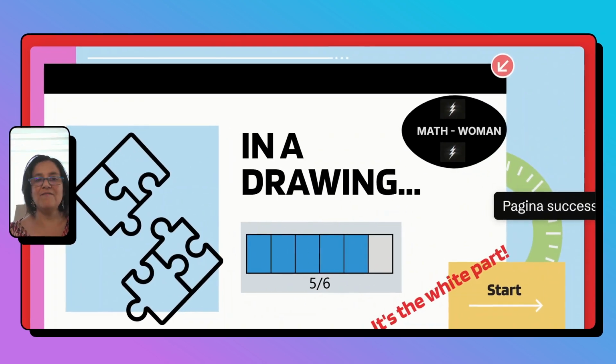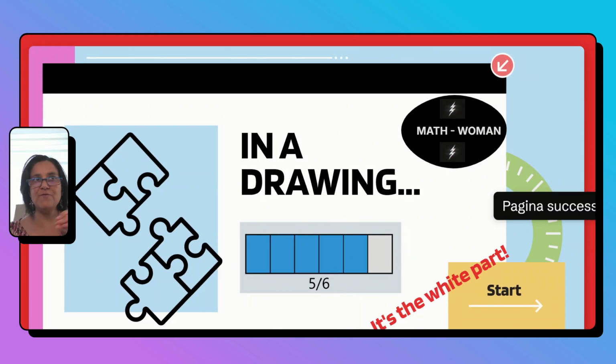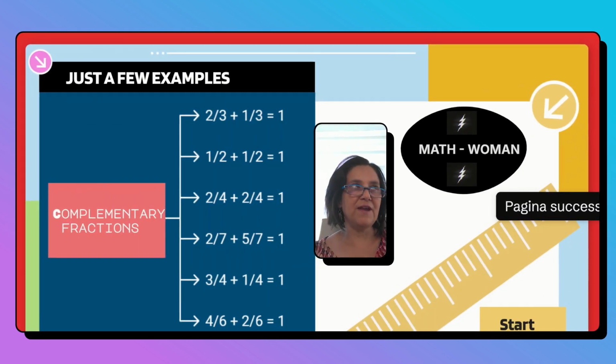In a drawing, if I have the fraction 5 over 6, the whole divided in 6 parts and 5 shaded, I'm looking for the missing part. In my drawing, the white part, 1 over 6. If my starting fraction is 2 over 3, I'm looking for 1 over 3 to reach 1.